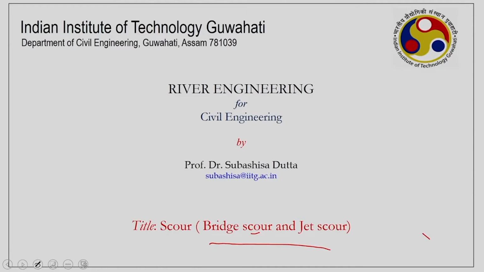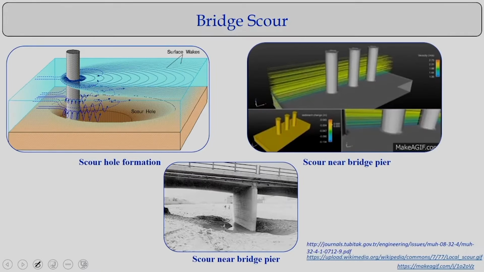When you talk about a bridge and look at figures like this, scour formation happens. That means the removal of the bed materials is what we call scour, and you can see the scour holes, and the flow properties in terms of vortex formations and a changing velocity field.